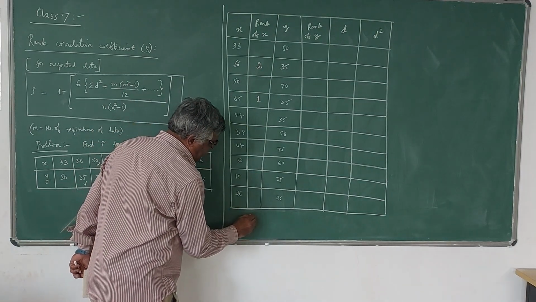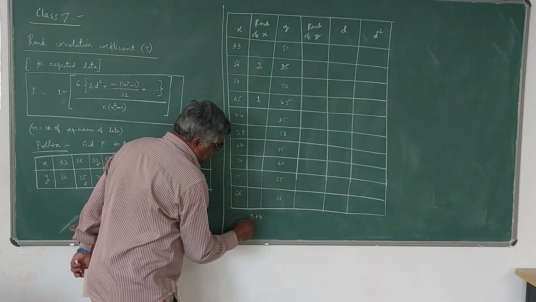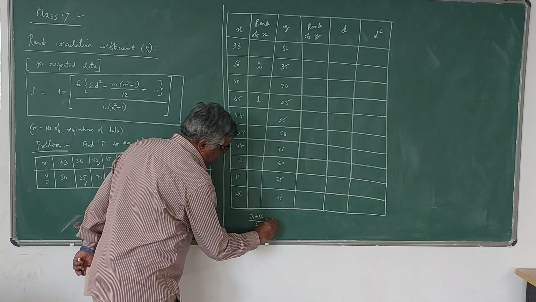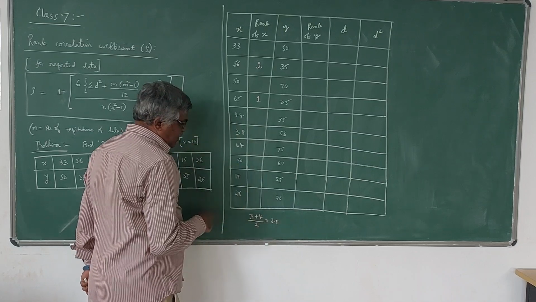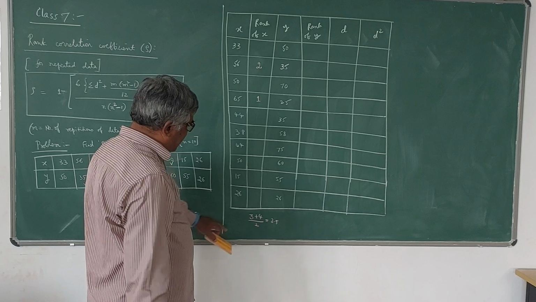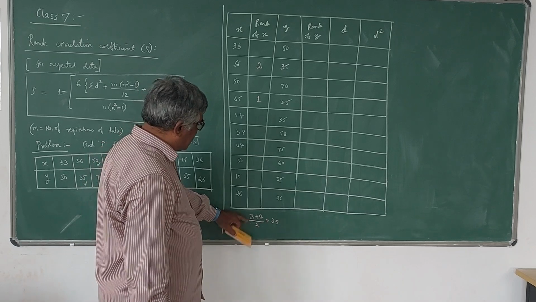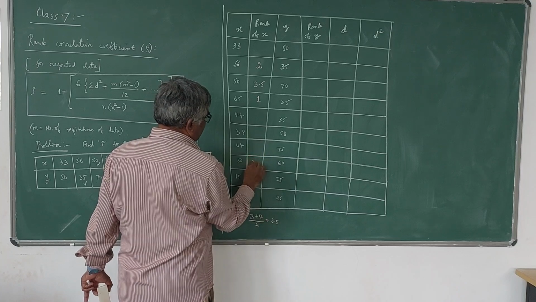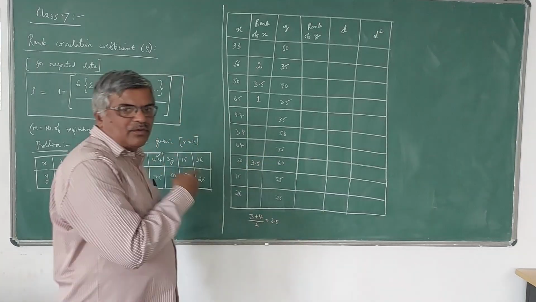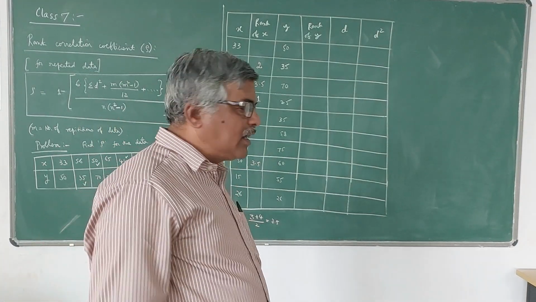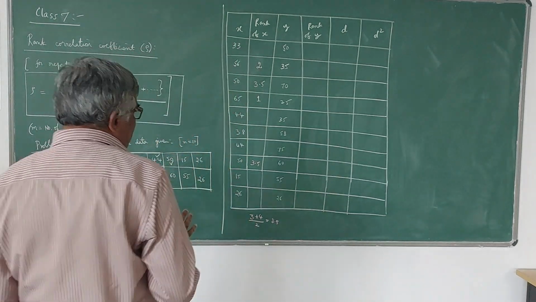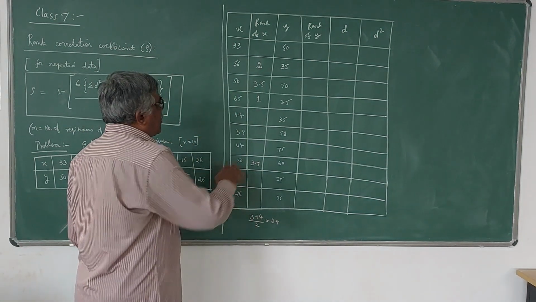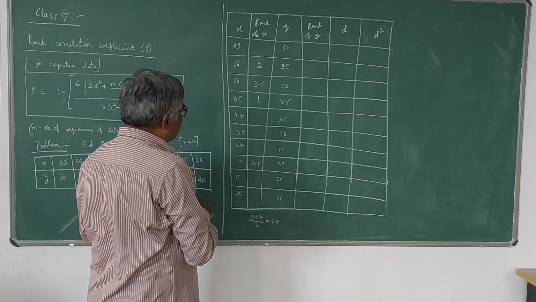You cannot assign 3 and 4 because they are equal, so we take the average, 3.5, for both.